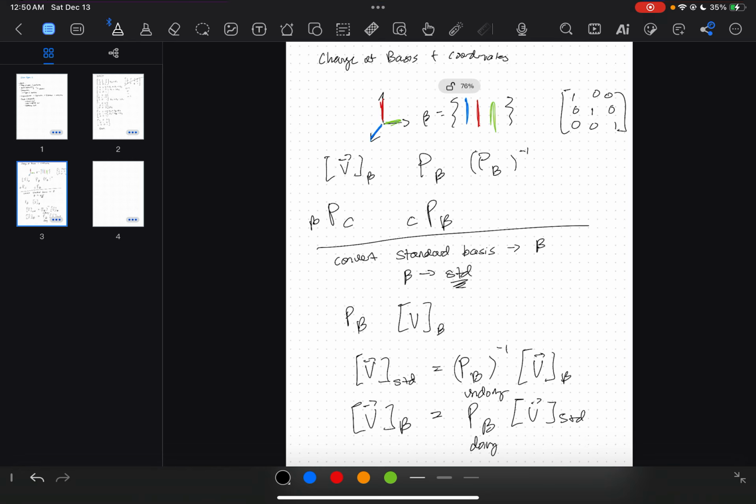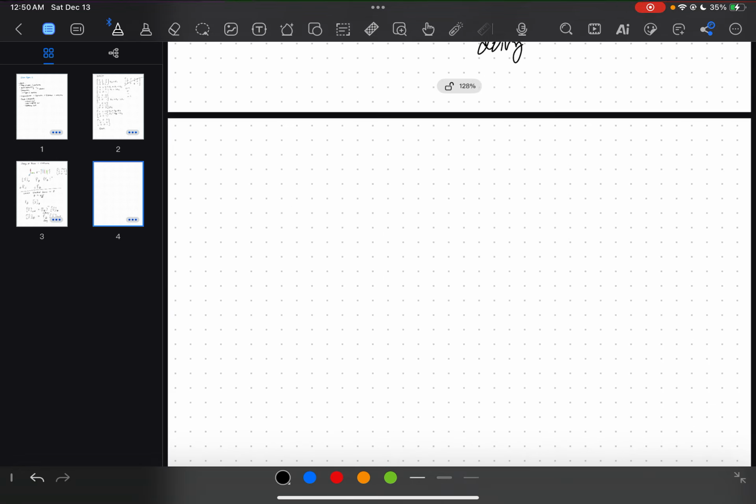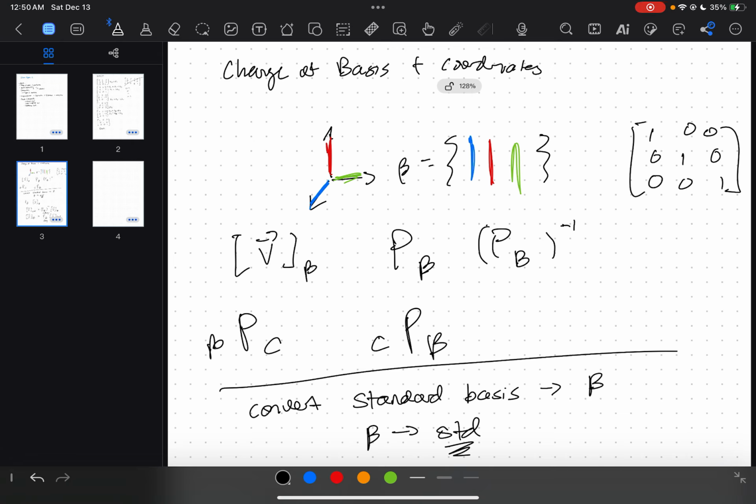Now, the more complicated versions of these are, if you want to get from these ones.